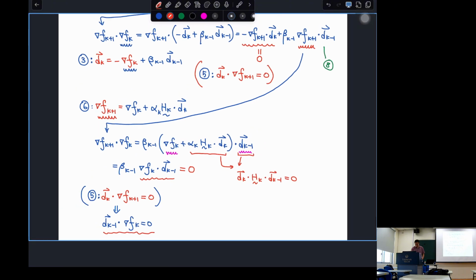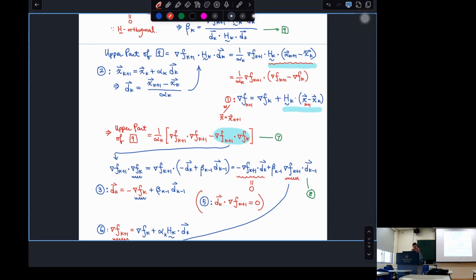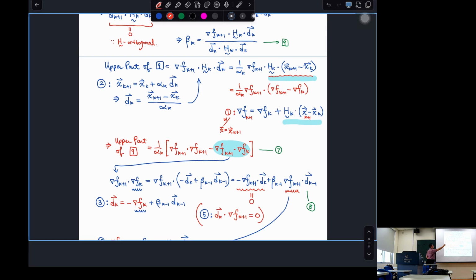So with all that, the goal is to make this thing disappear. It took us so many derivations and we finally realized that is 0. So that was the upper part of the beta definition. We finally figured out how to mathematically describe beta, which was originally an unknown parameter. We handled the upper part first.